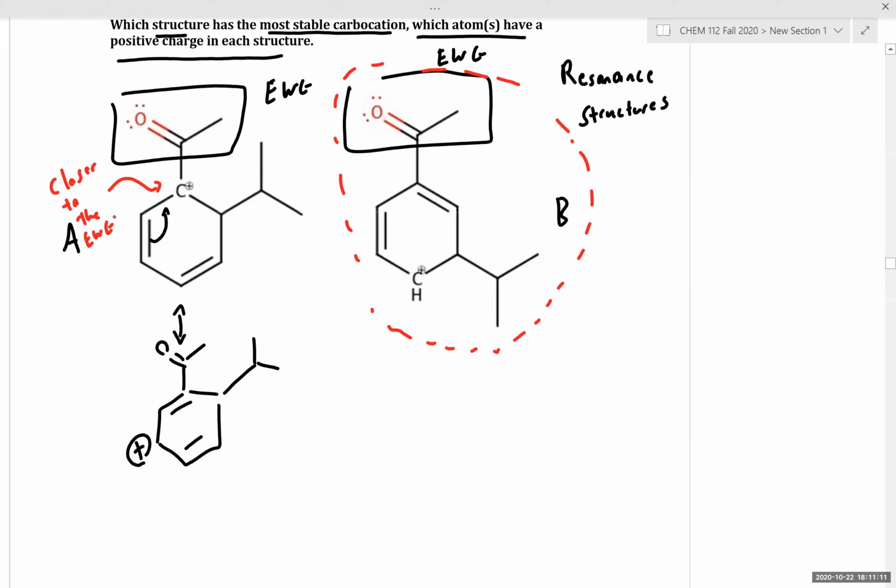Now, that is a very interesting point to bring up. And to justify and fully investigate that point, let's draw out a few more of our resonance structures to really see, in structure A, is our carbocation really always held closer or adjacent to the electron withdrawing group? Let's try to run with that idea.